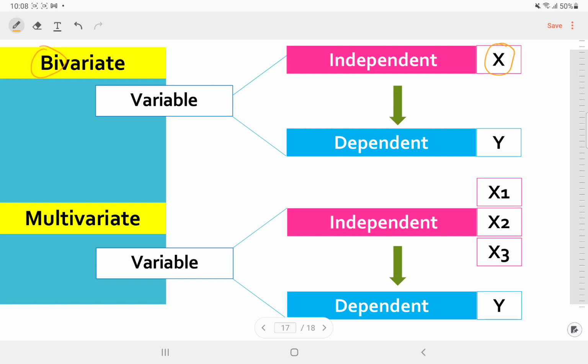But if we are talking about multivariate variables, the independent variables should be more than 1. It can be only 2 or 3 or 5 or maybe 7.